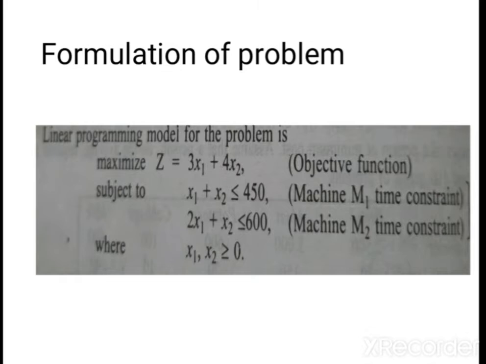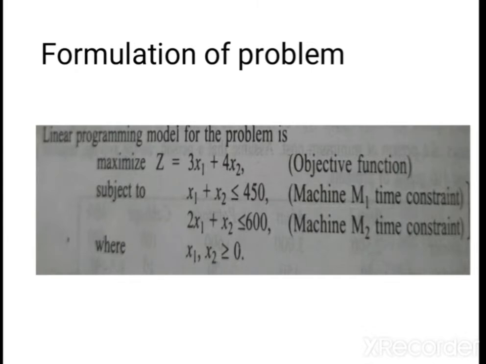The given variables are non-negative: x1 and x2 are greater than or equal to 0. Also the right hand side of the constraints are non-negative. Here it is 450, which is also non-negative. So the first two conditions are met.